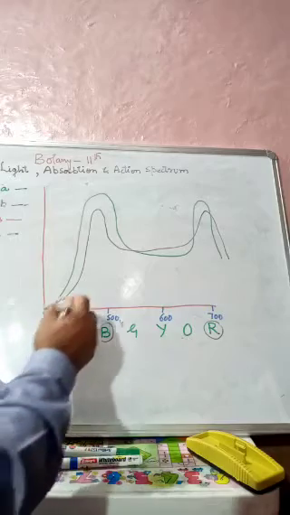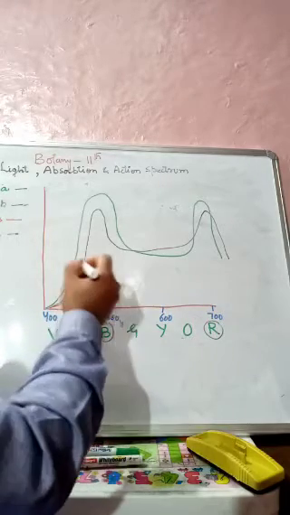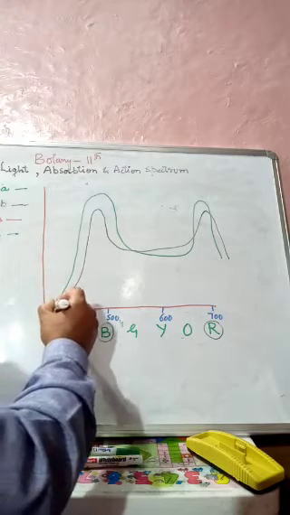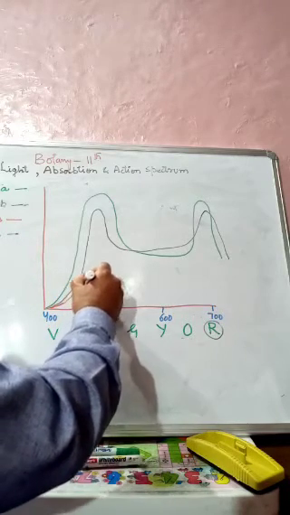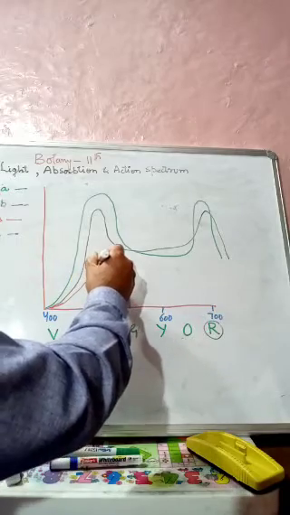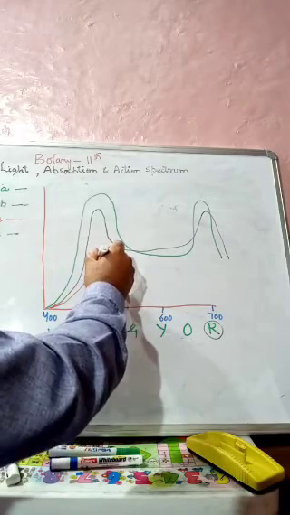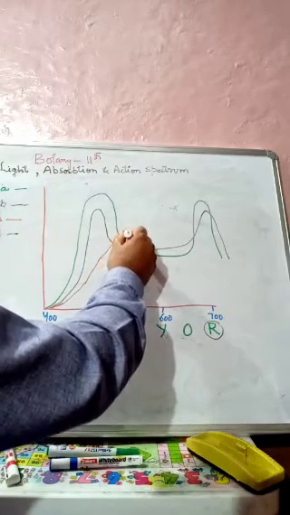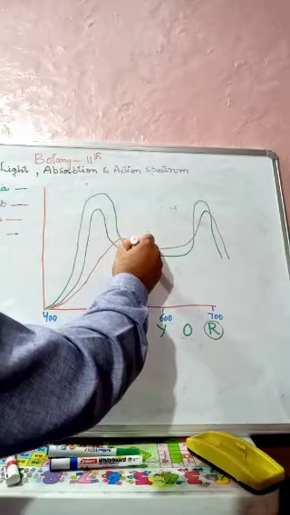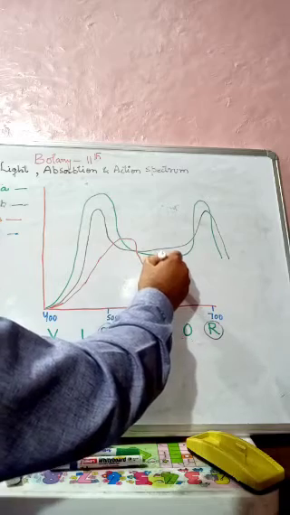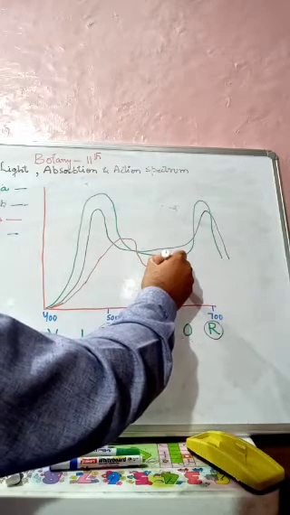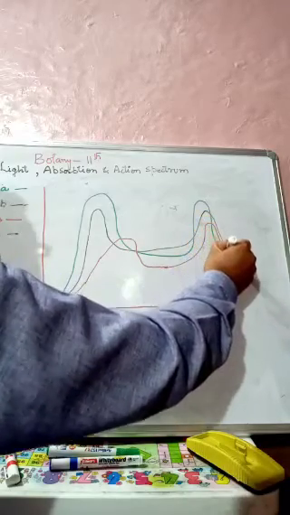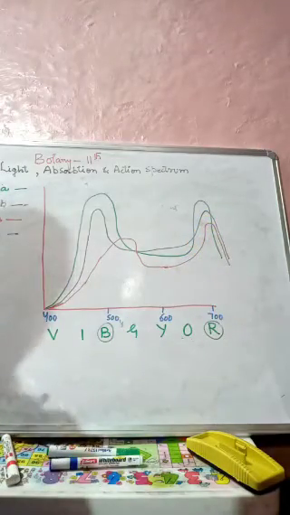What we will see for the carotenoids, if we draw the graph, we will see for this green color, this is again.